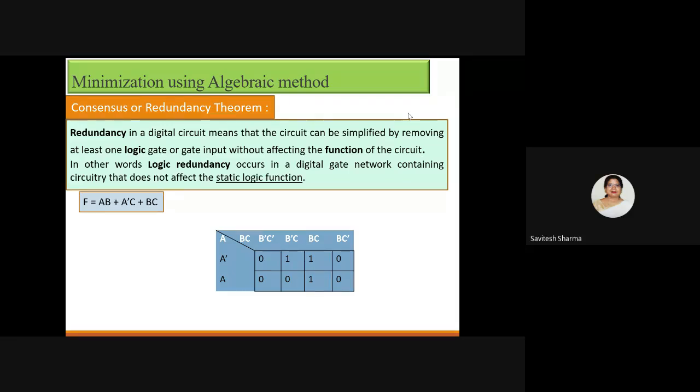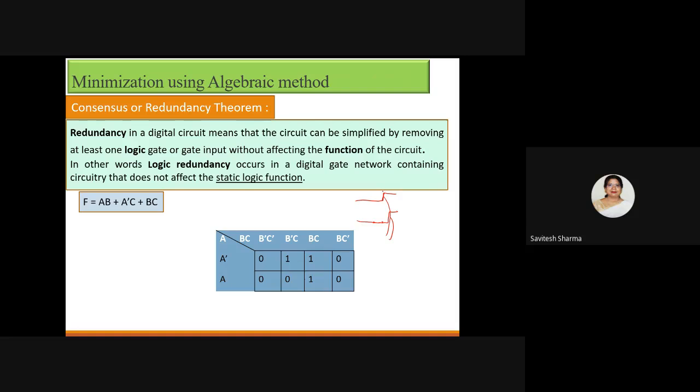So generally this redundant term is actually not affecting the logic function when it is in the static state. See, if your inputs are continuously high, it is stable. If it is low, it is stable. But if suppose it is changing state and you are observing the state of each input and you are trying to analyze the output when your signal is transiting, it will be difficult.